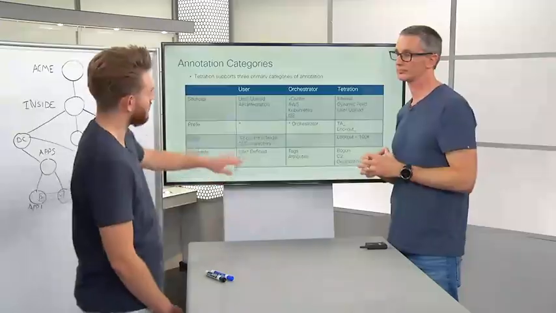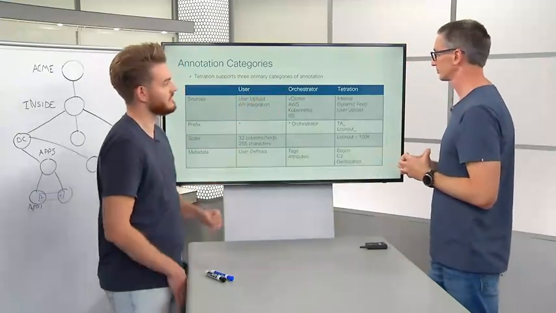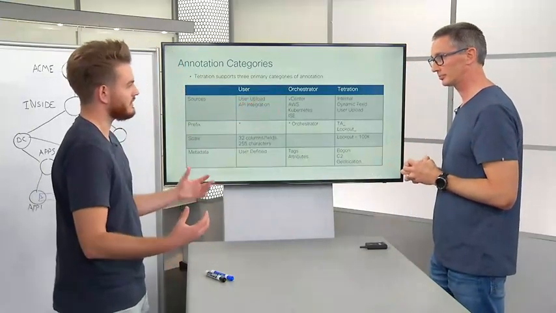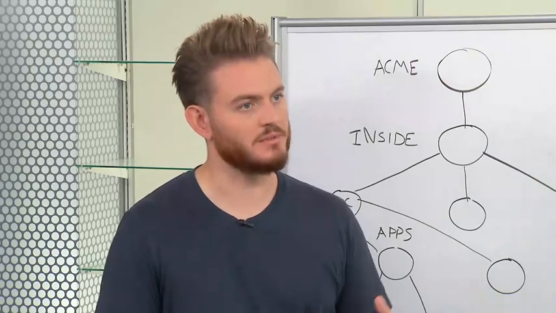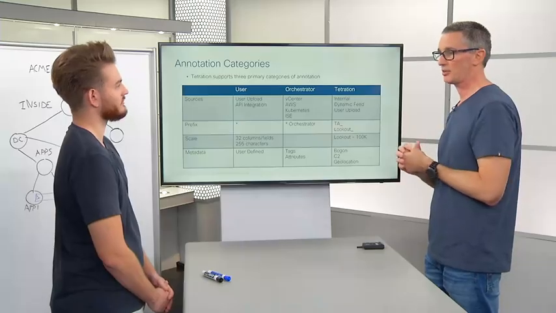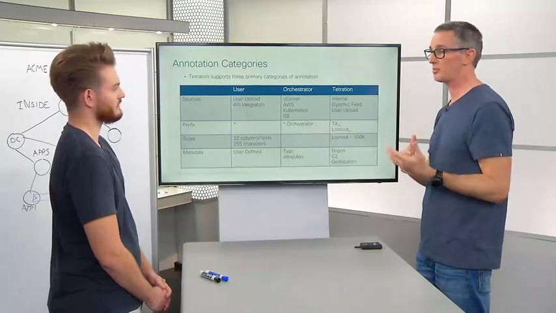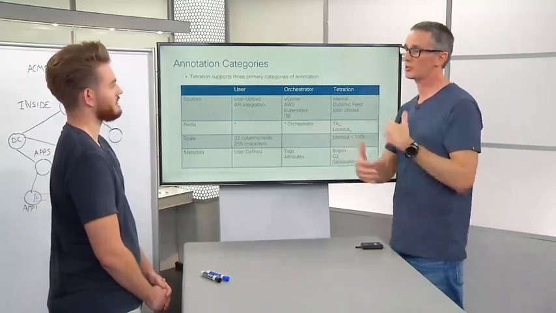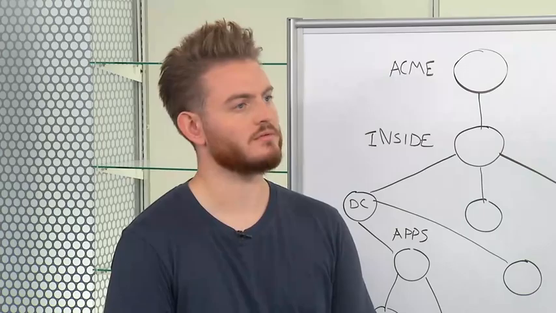So you're saying if I have workloads that are on one of these particular orchestrators, for example, you're going to automatically suck up information into the inventory about those workloads? Correct. As those workloads are deployed, if they have attributes or tags associated to them, Tetration will ingest those, so they will automatically be scoped correctly. The correct policy will be associated to them, and basically the security model will evolve as those applications come and go.